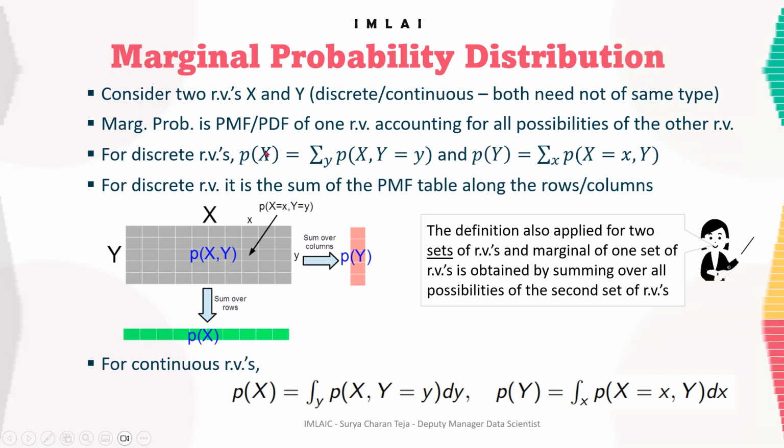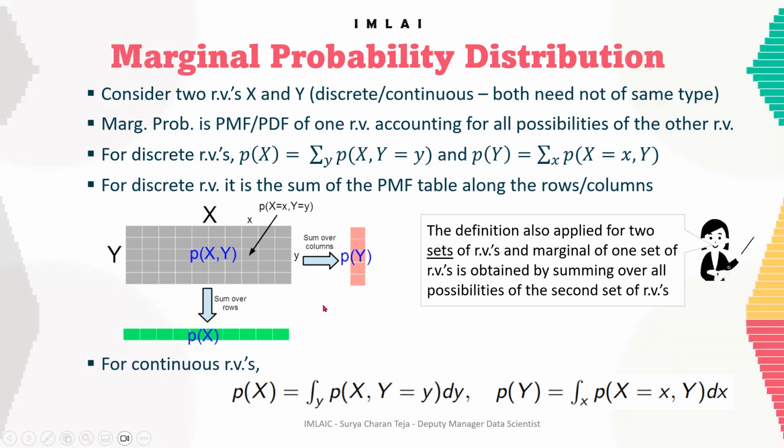So that's what we did. P of X is summing up all the rows, and the probability of Y is summing up all the columns.